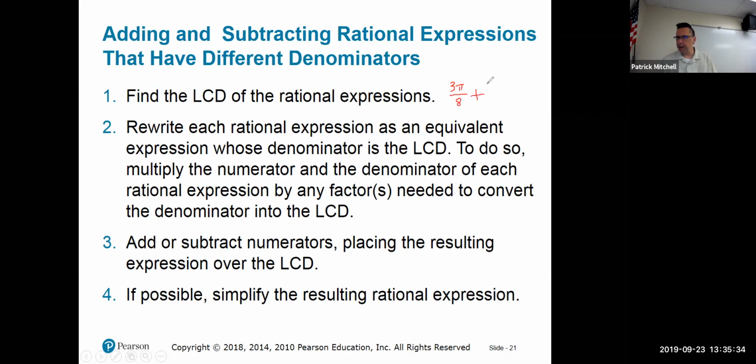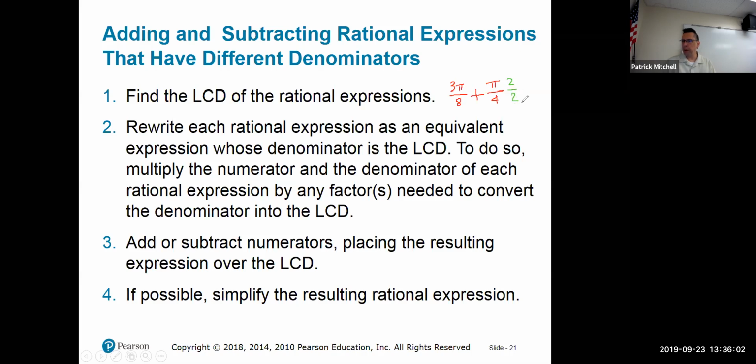So the first thing I do is I find the common denominator, which is 8. Then in step 2, it says rewrite each rational expression as an equivalent expression whose denominator is the LCD. So the 3 pi over 8 is already over 8. The only thing I have to do is multiply the top and the bottom of this one by 2.